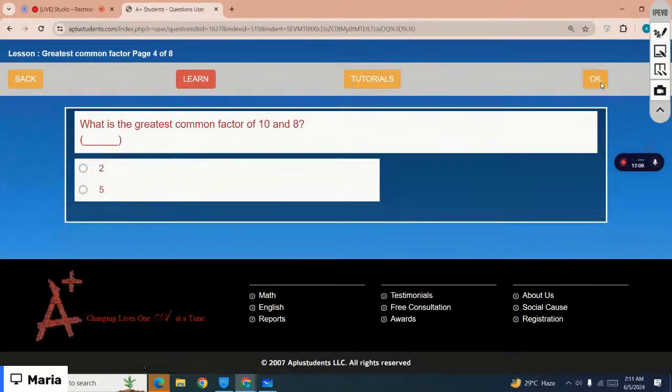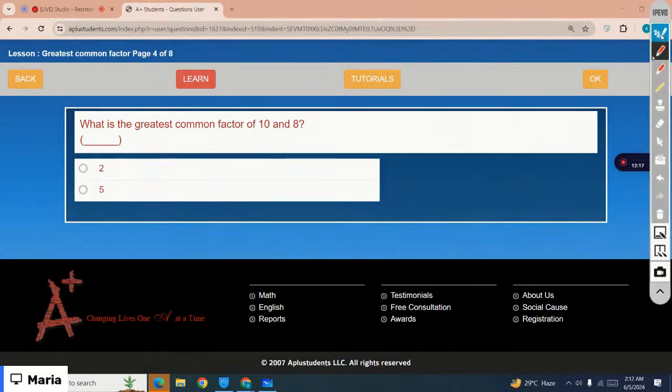What is the greatest common factor of 10 and 8? Let's write down the factors of 10. 1 times 10 is 10. 2 times 5 is 10. Now the factors of 8. 1 times 8 is 8. 2 times 4 is 8.